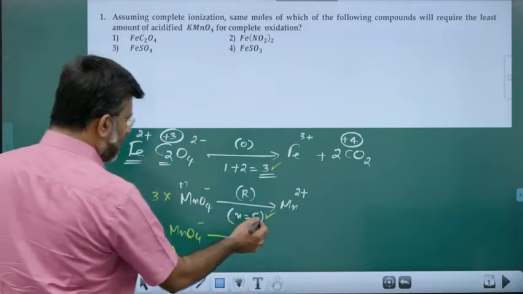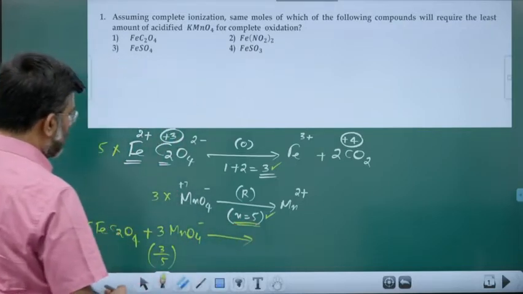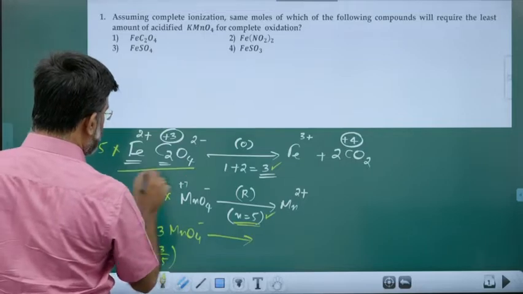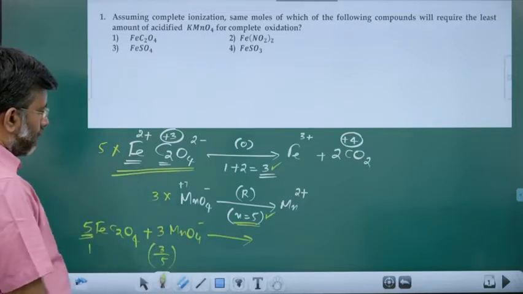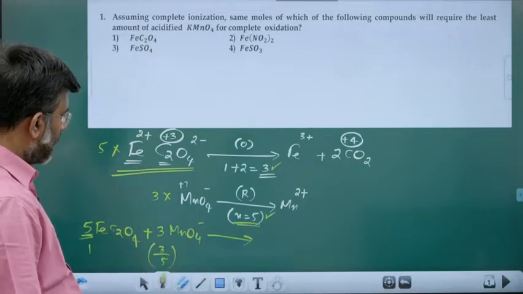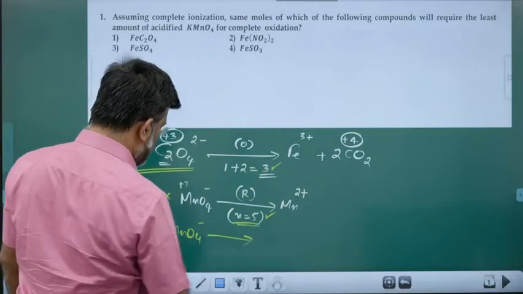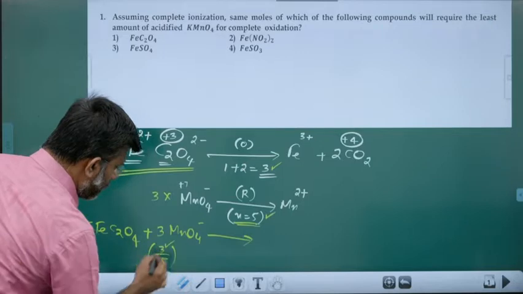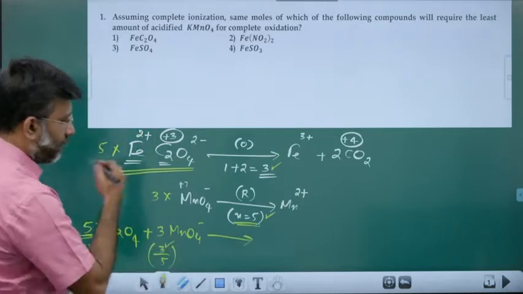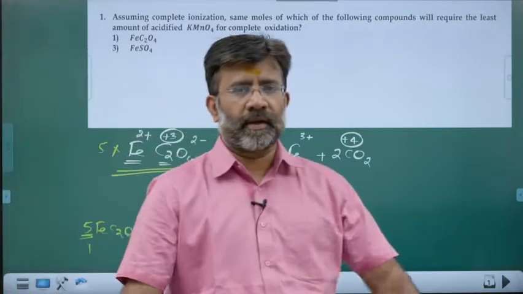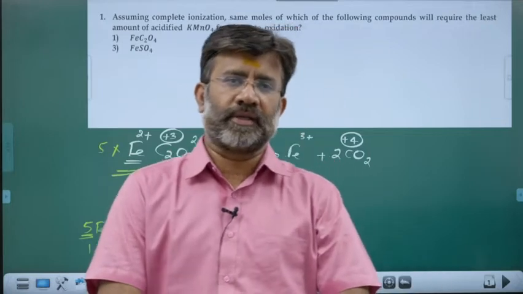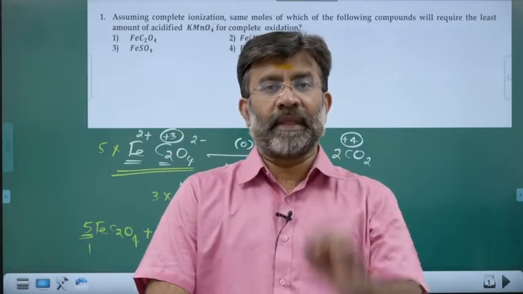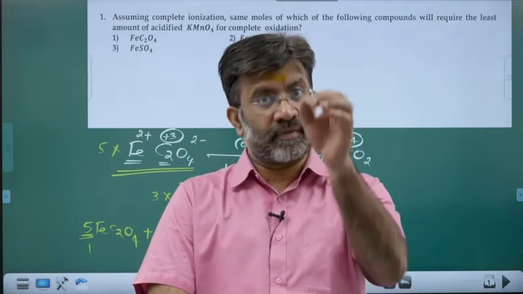For permanganate, the N factor is always 5, and what is changing is the species in options 1, 2, 3, 4. This value decides the quantity of permanganate. The permanganate required for the oxidation of each species directly depends on the N factor of that species.